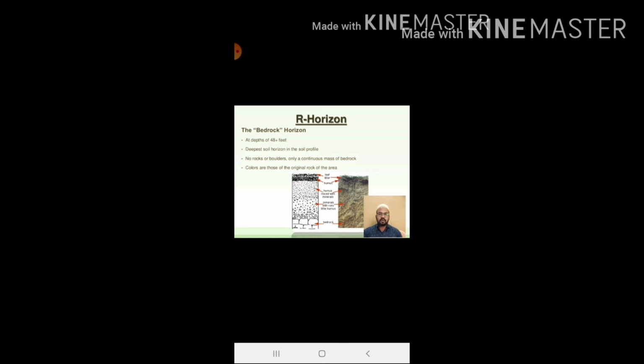It is at a depth of more than 48 feet and is the deepest horizon in the soil profile, with no rocks or boulders, only a continuous mass of bedrock. That means no soil is present, only bedrock in the last layer.